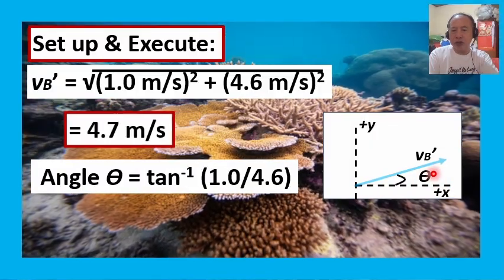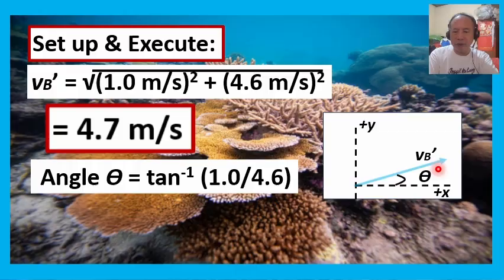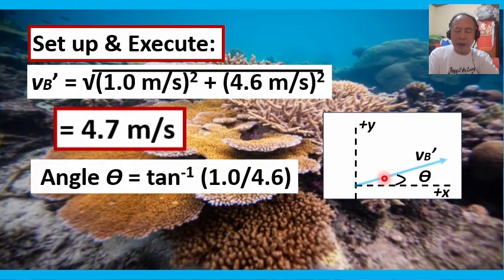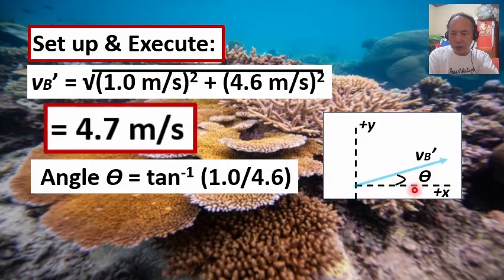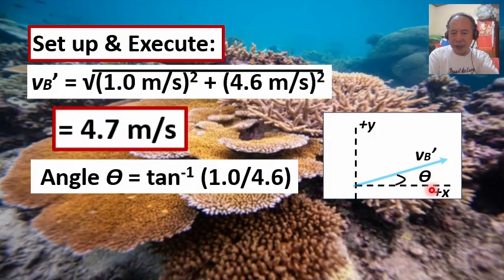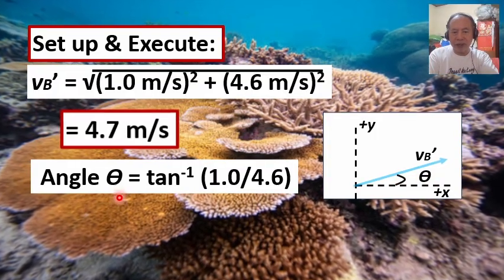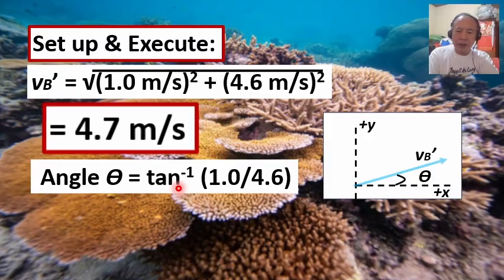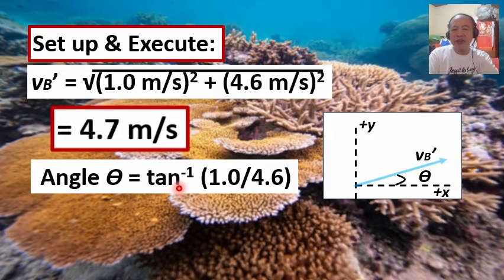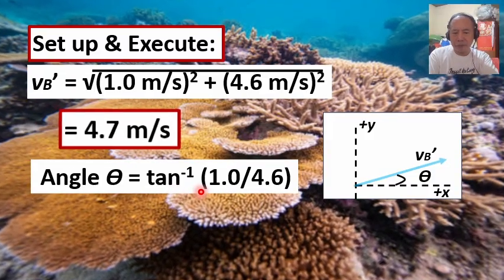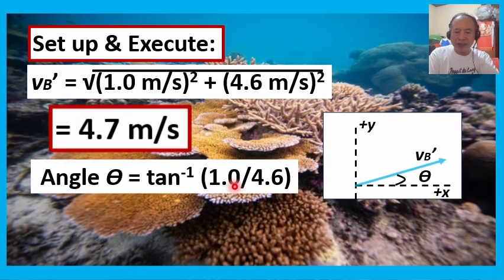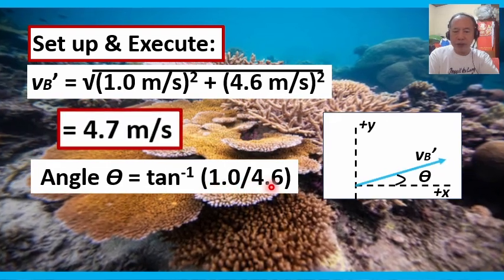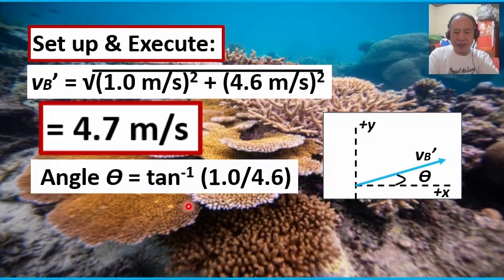So to be able to describe the direction of the final velocity of particle B just after the collision, we need to find the angle theta. So we just use the inverse of the tangent quantity 1.0 meters per second divided by 4.6 meters per second.